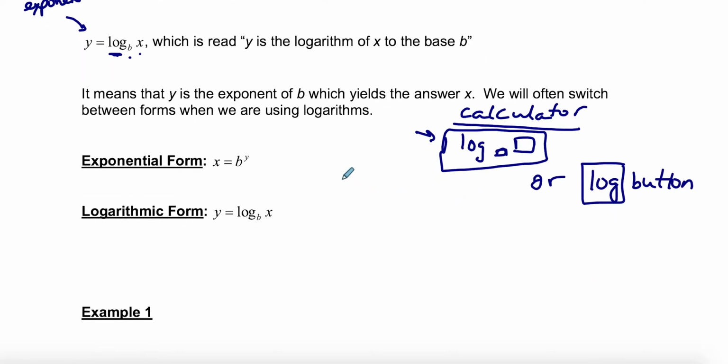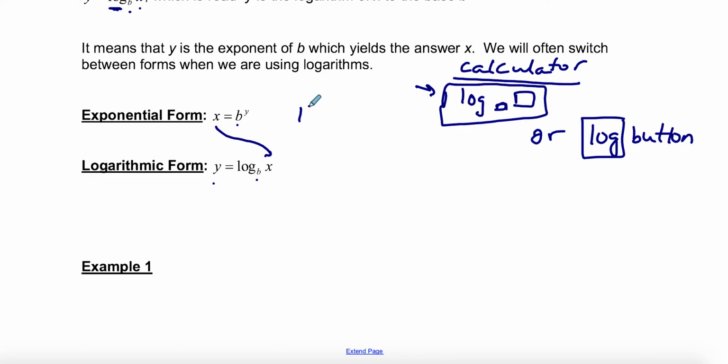So just remember, exponential form, x equals b to the y. Logarithmic form, the y is the exponent, equals the log of x base b. So the base, whatever the base was of your exponent, the base is still the base, but the answer is actually the x.